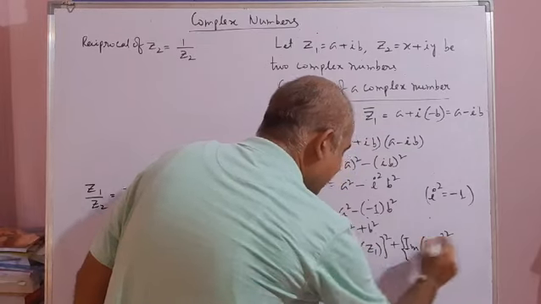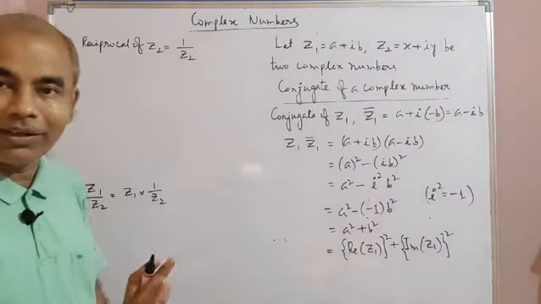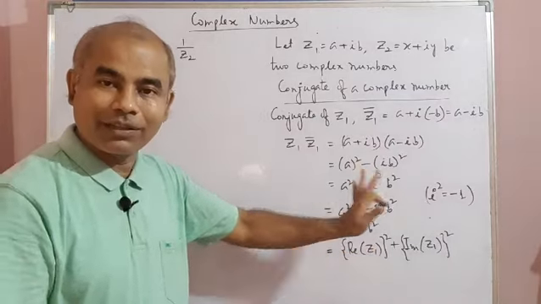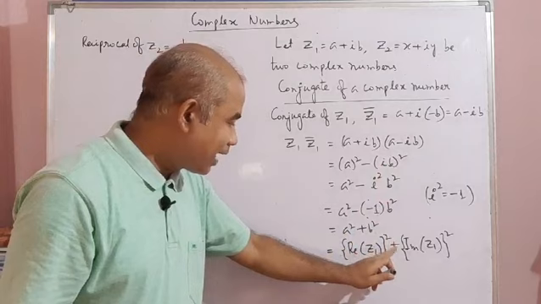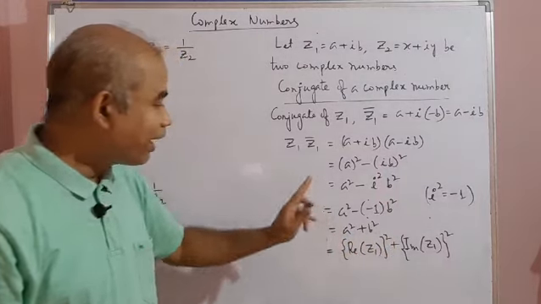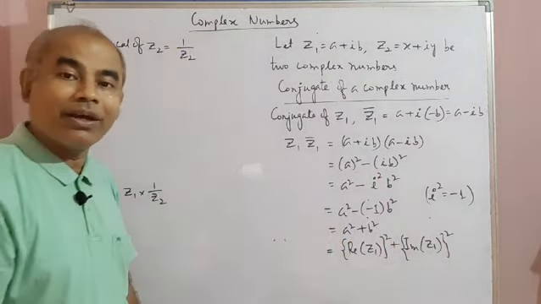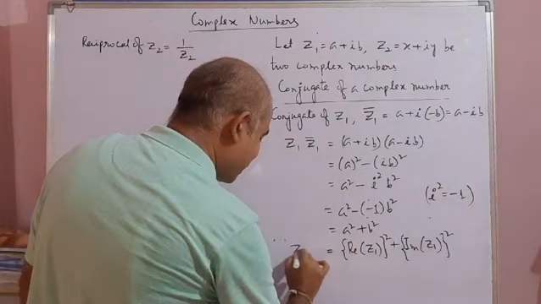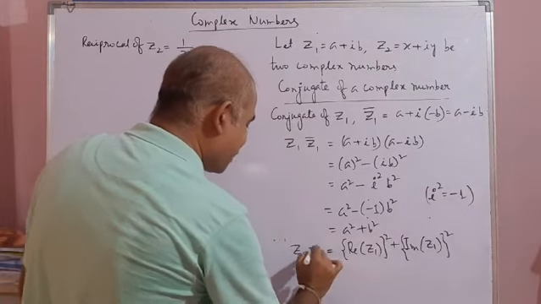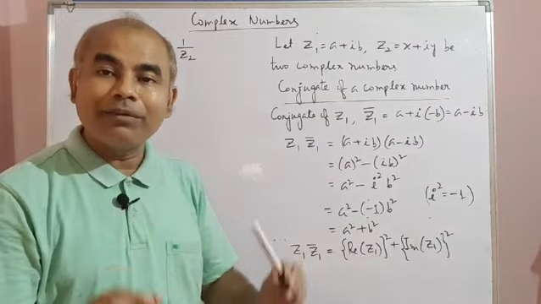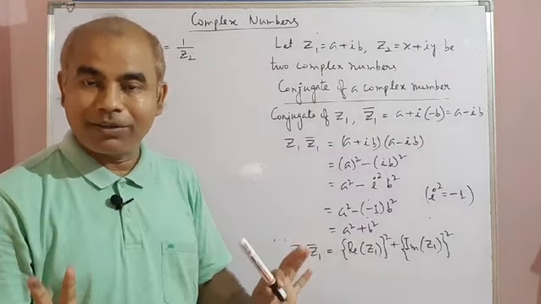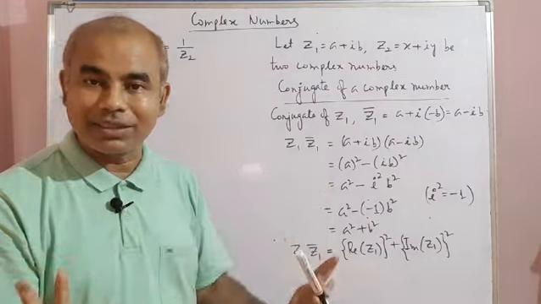It is the sum, and I already explained the plus sign, so I think no further confusion. So it is the sum of the squares of the real part and imaginary part of our given complex number. When I multiply z1 with its conjugate, the answer is the square of the real part plus the square of the imaginary part. For any complex number, this result is true.